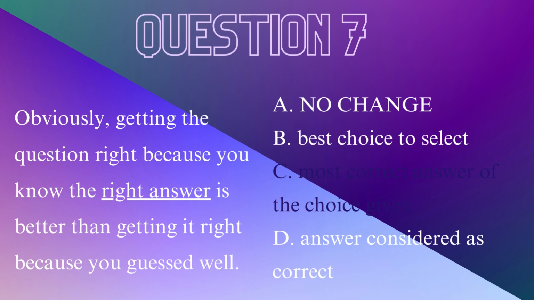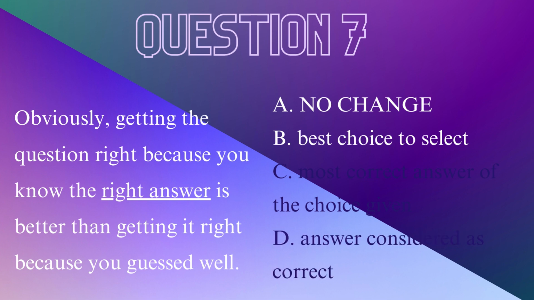Well, considering correct is what an answer is, so that whole thing is redundant. So we've got best choice to select or right answer. What is the simplest way to say this? A, no change. Right answer.